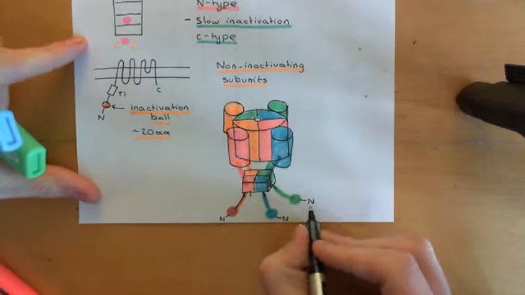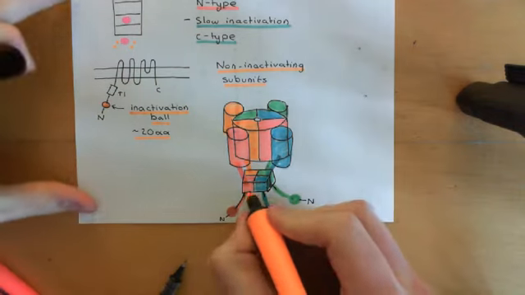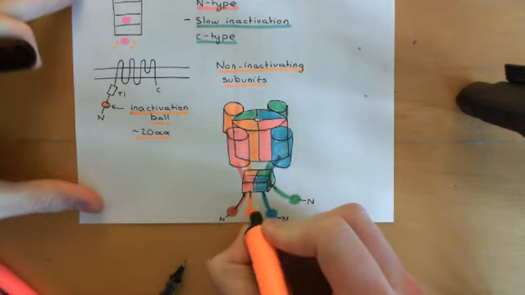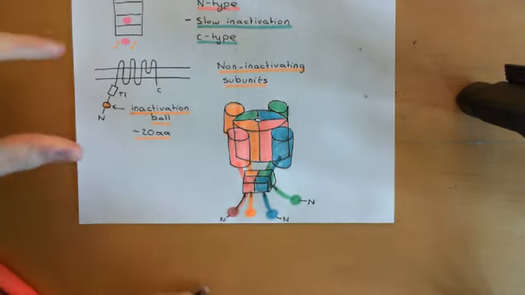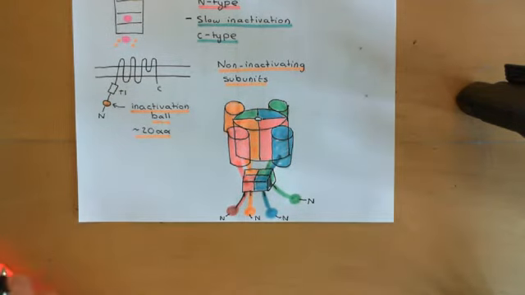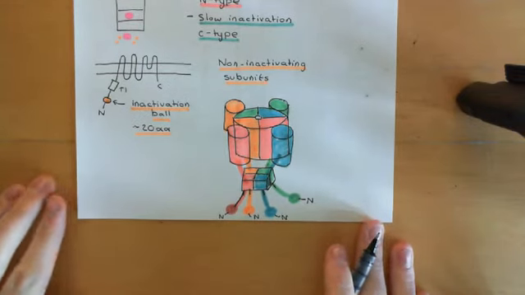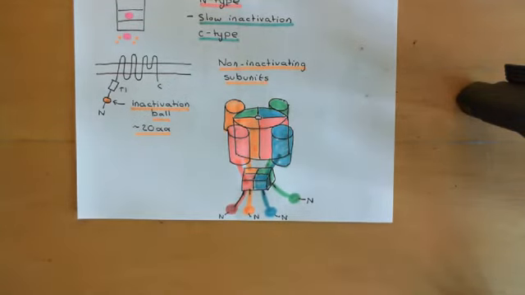After all, this is the start of the protein here. Okay, and then finally I'll put in the orange subunit's inactivation ball here. Okay, so there it is, and here is the orange subunit's amino terminus. Right, okay, so there is our voltage-gated potassium channel tetramer constructed out of these 4 alpha subunits which all have inactivation balls.